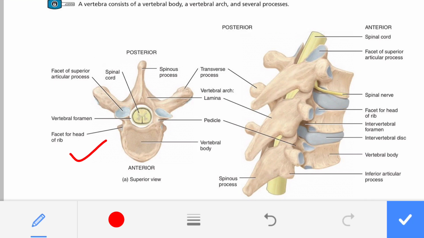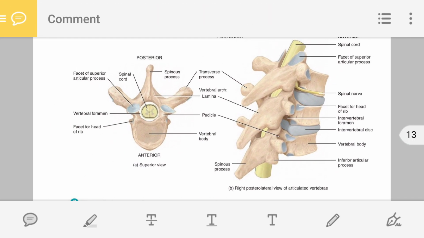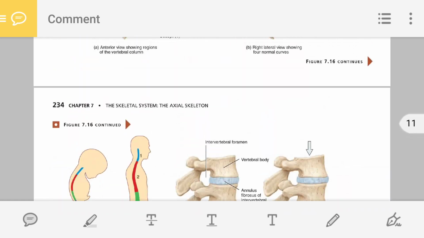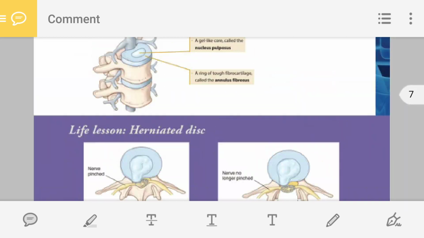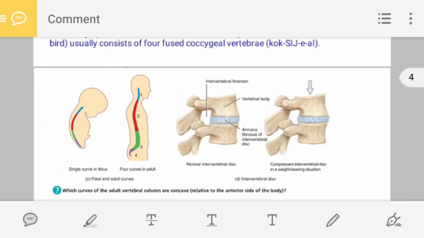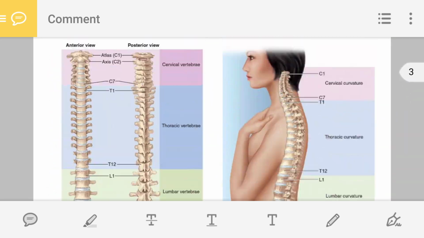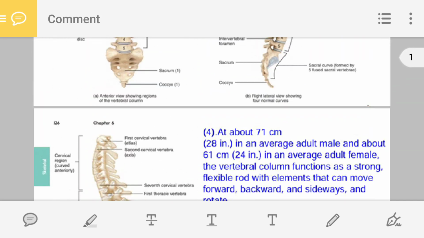Over here, the cross section of one vertebra is shown, and inside it the yellow part is the spinal cord. So we can say the vertebral column is protecting the spinal cord. That is the meaning of this. Now we are moving forward. A few points we have covered.